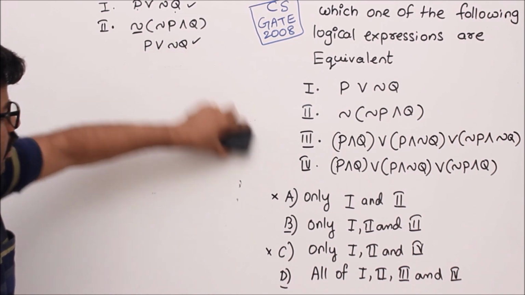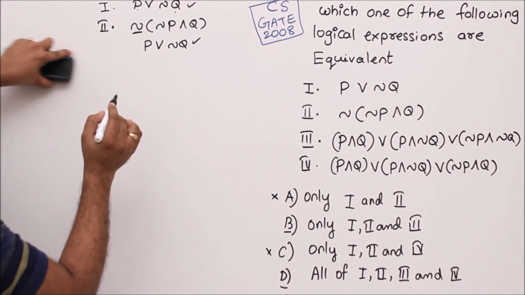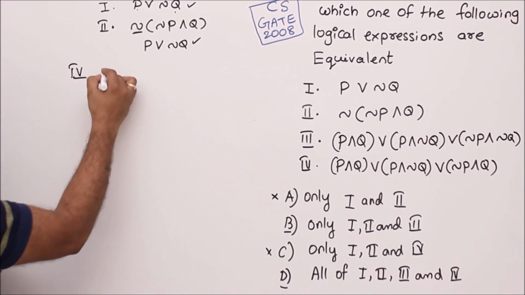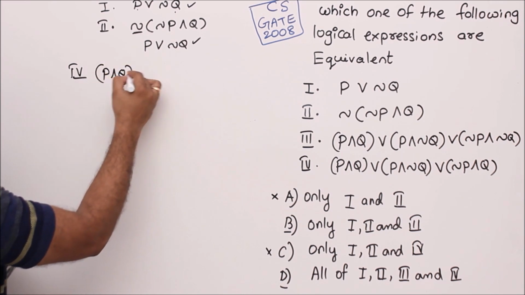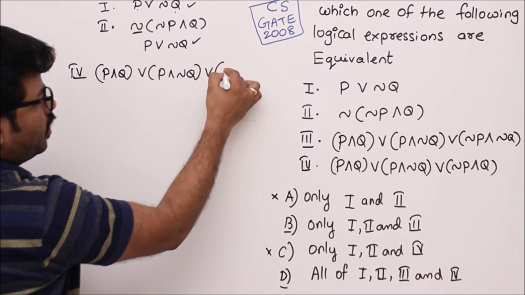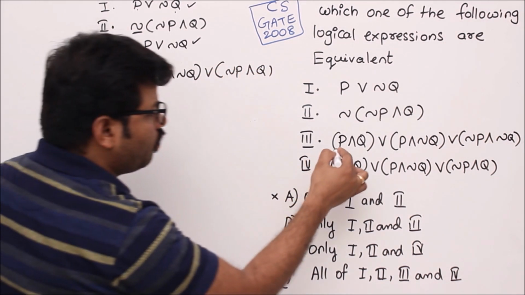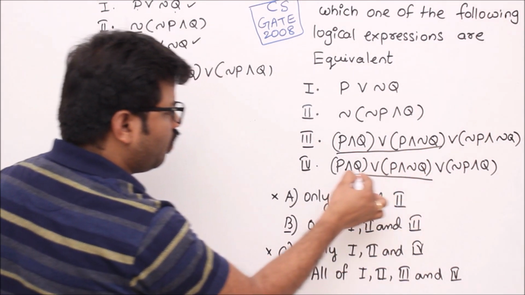So the fourth statement is, let me copy it down: (p and q) or (p and negation q) or (negation p and q). If you notice something here, this component is equal, right?